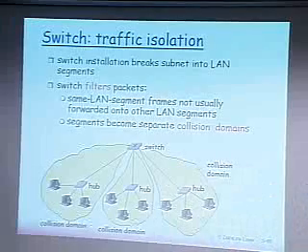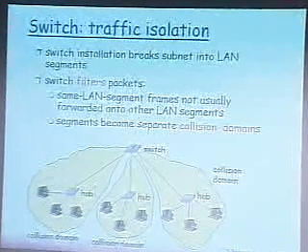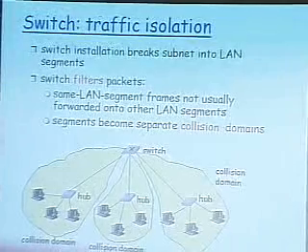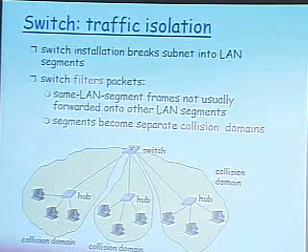Switch is self-learning. The one advantage a router has over a switch is that the router doesn't have to run any kind of spanning tree algorithm. Routing loops are avoided by the routing mechanism. So that's the one advantage of using a router instead of a switch.